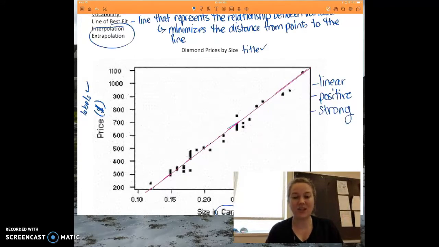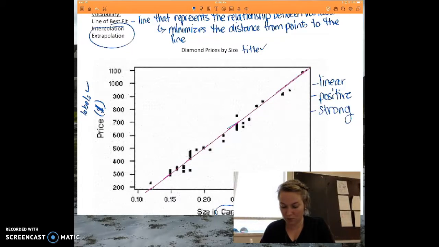So an example of interpolation is, I could ask you a question saying, how much would a diamond that was 0.325 carats cost? Okay. How much would that diamond cost? So if we say 0.325 is here, I'm going to go straight up to my line right there.